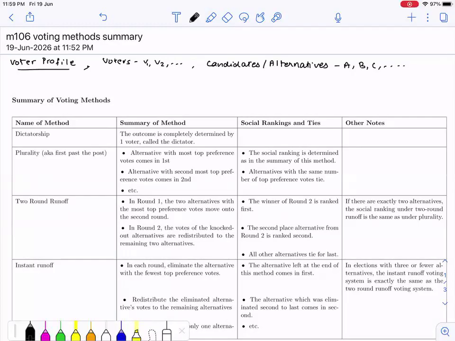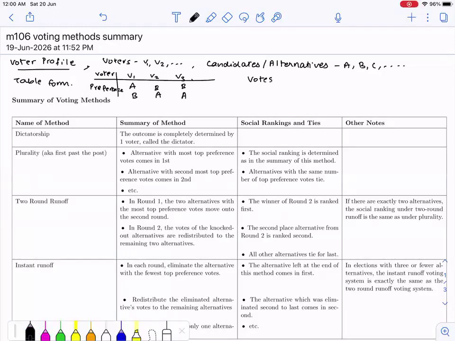So this is usually in table form. So you'd have voter and their preference. So you could have individual voter preferences. Let's say you have just three voters and two alternatives A and B. And this is what their voter profile looks like. So this just means that voter one prefers A over B, voter two prefers B over A, and voter three prefers B over A as well.